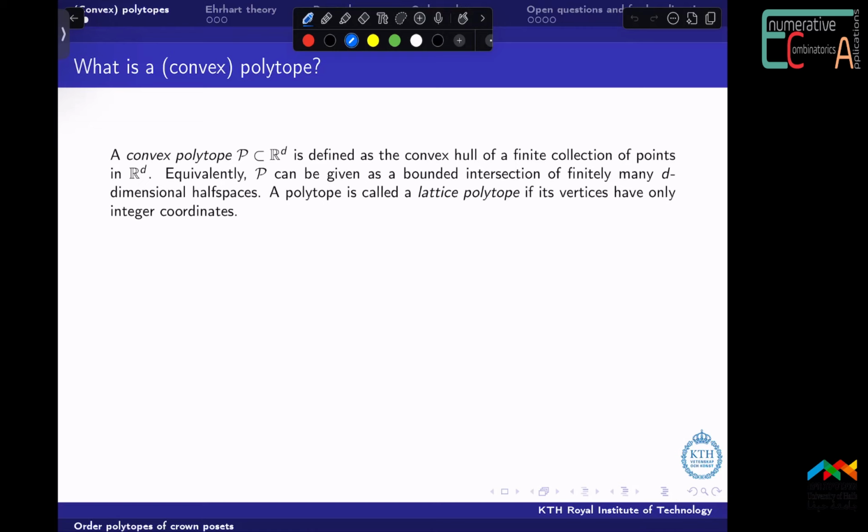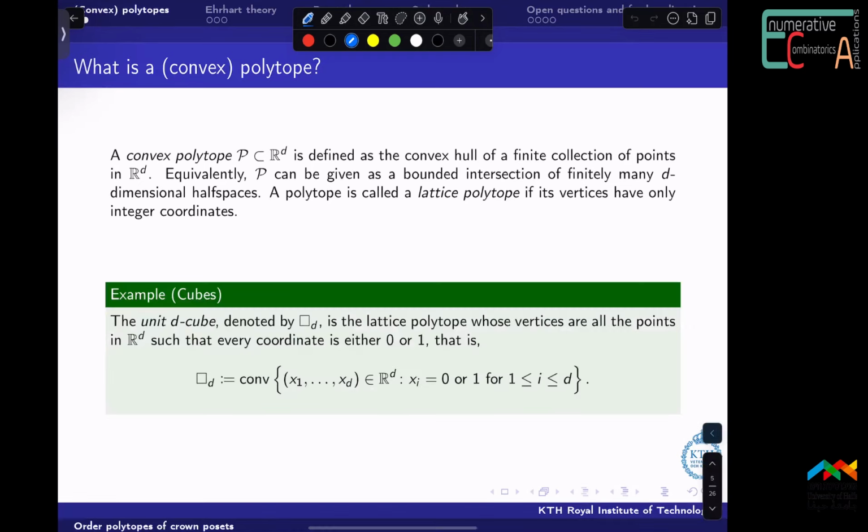We say that this polytope is a lattice polytope if all the coordinates of each one of its vertices are integer numbers. A simple example: the unit d-dimensional cube is the convex hull of all the points in R^d such that each one of the coordinates is 0 or 1.